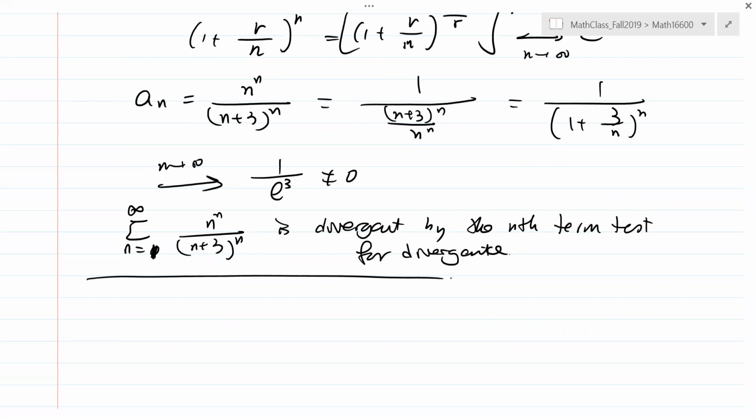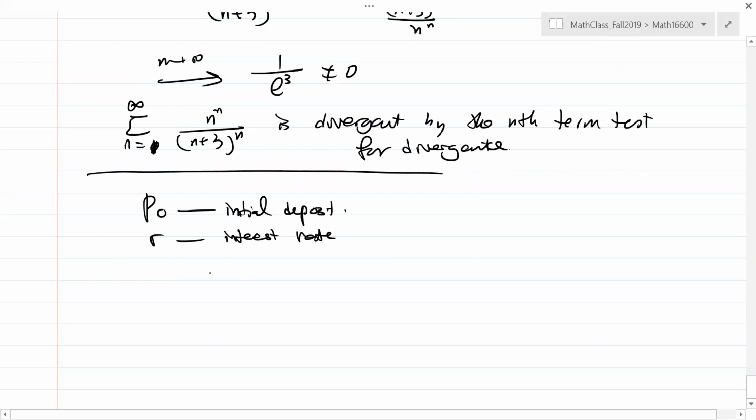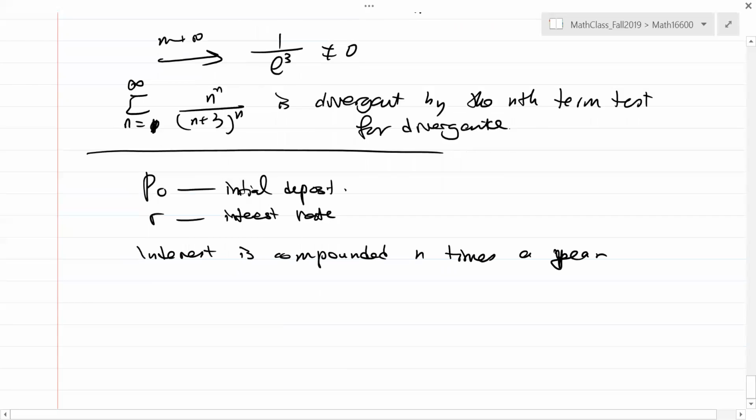Just to let you know, if you have an initial deposit P and r is the annual interest rate, and the interest is compounded n times per year, then if you put the money into the bank, in t years the balance is going to be P times 1 plus r over n, to the power nt.